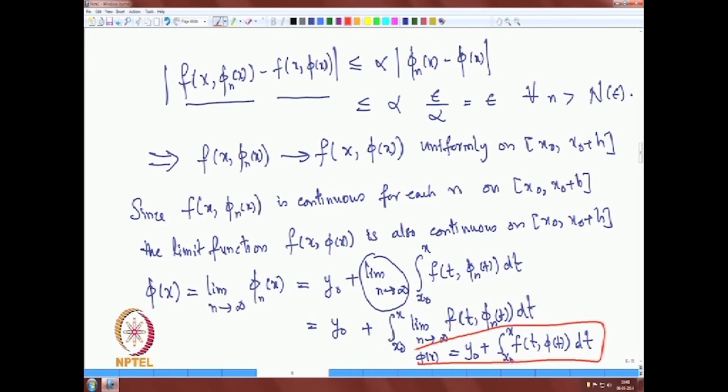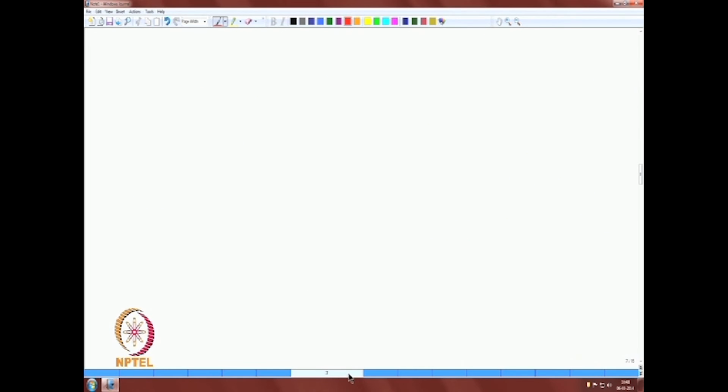Therefore, the limit function takes the form phi x is equal to y0 plus the integral from x0 to x of f of t phi t dt.